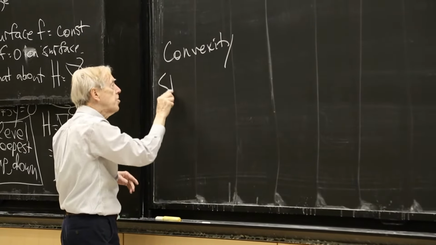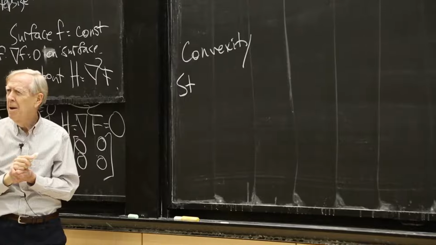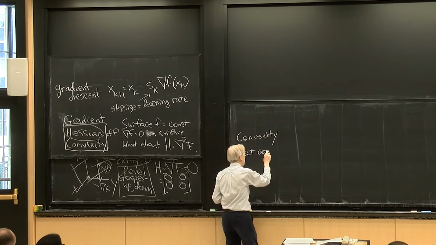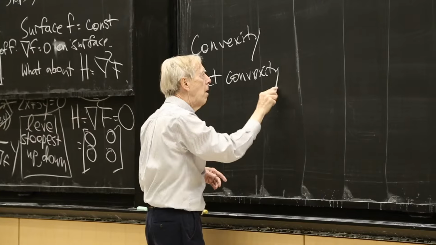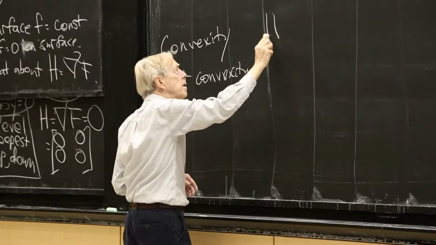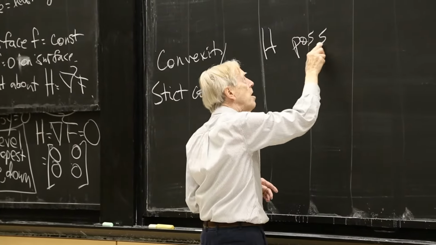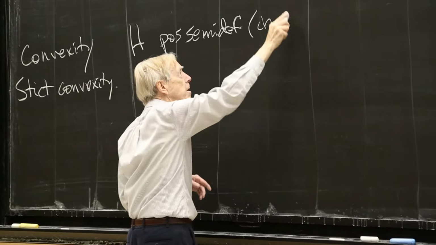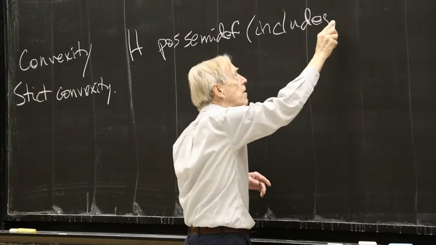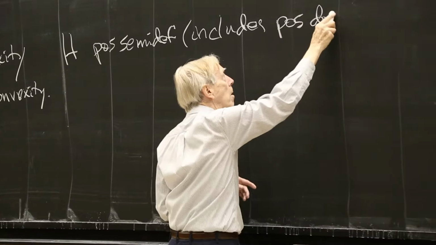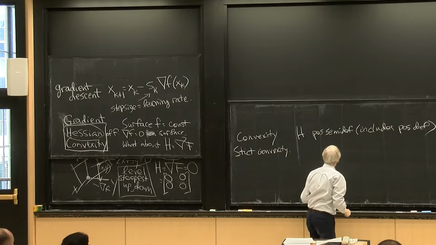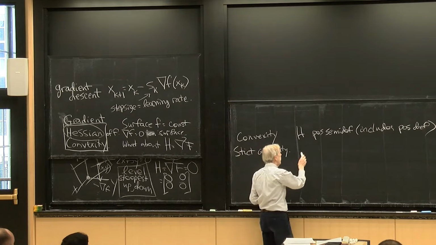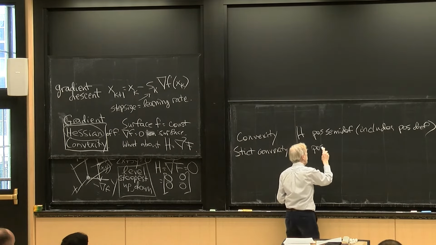I'm just looking for an excuse to write down convexity and strong or strict. Do I say strict or strong convexity? I've forgotten. Strict, I think. Strictly convex. Okay, so for convexity, the Hessian is positive semi-definite, which includes positive definite. And if I'm looking for strict convexity, then I must require H positive definite.